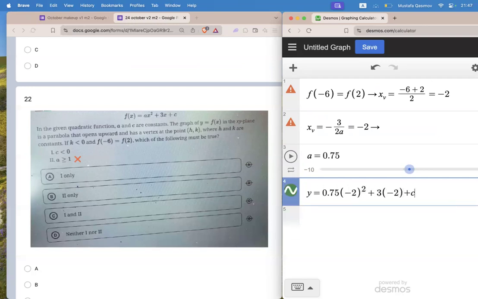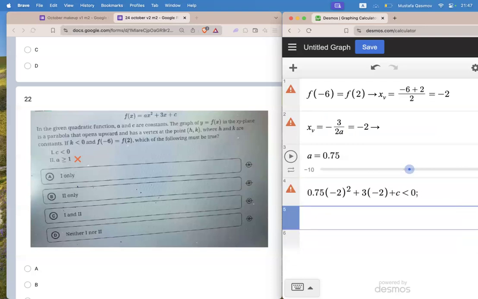So it is equal to k. And we know that k is less than 0. Then we can delete this part and calculate. We will get that c is less than 6. But it says c is less than 0, so it is also not correct. Answer is D. Any question?